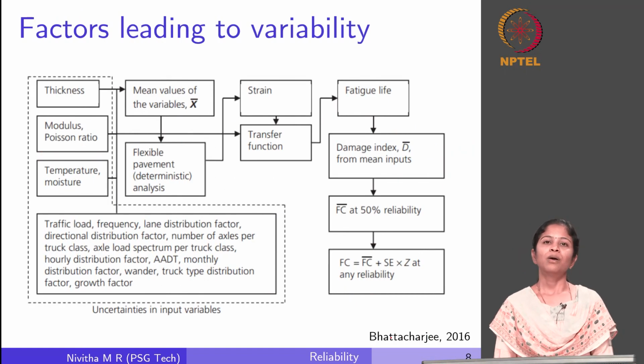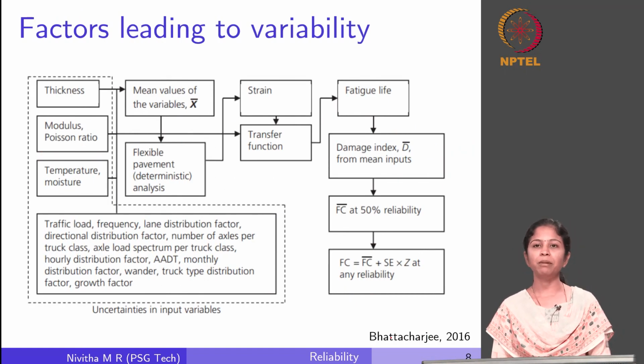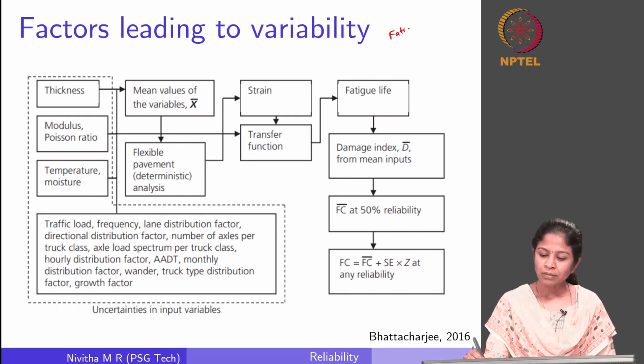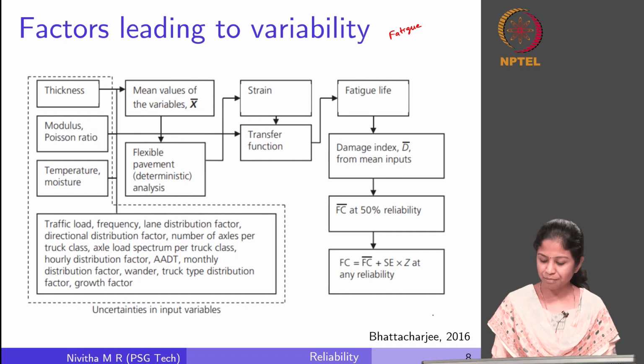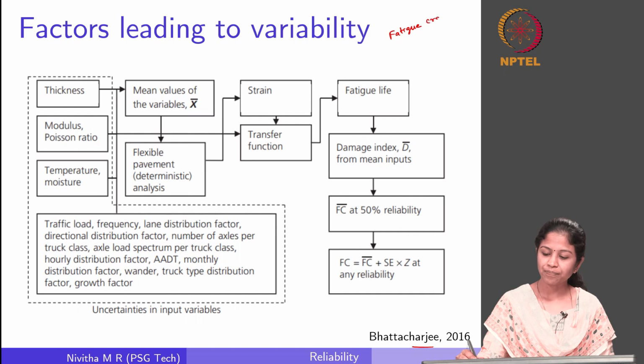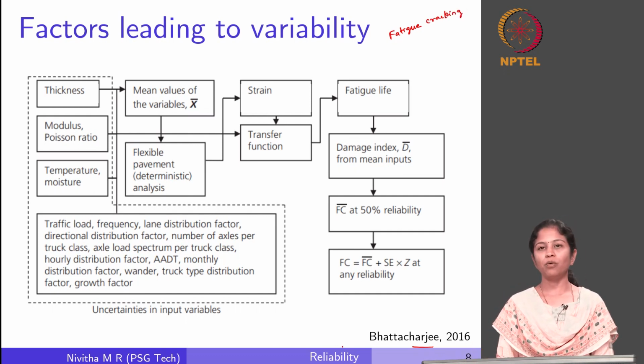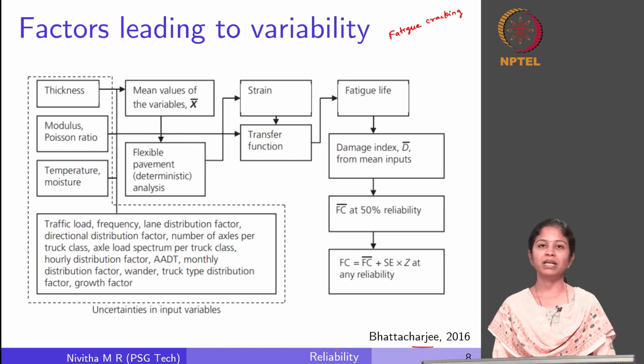Now, let us see what factors lead to variability in a design process. To illustrate that, I am considering this example from this particular reference. It is for fatigue cracking. Let us say that we want to predict fatigue cracking and consider it for our design process. This again involves a number of input parameters, as we have been discussing.